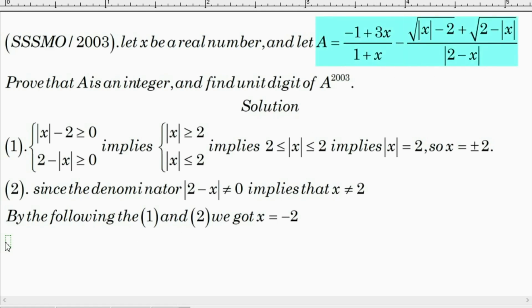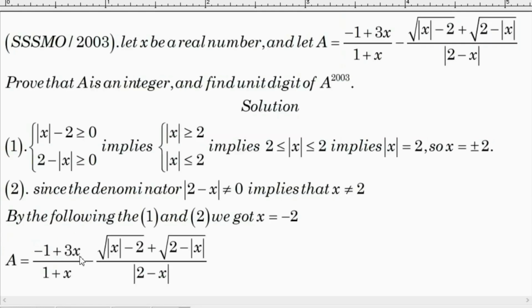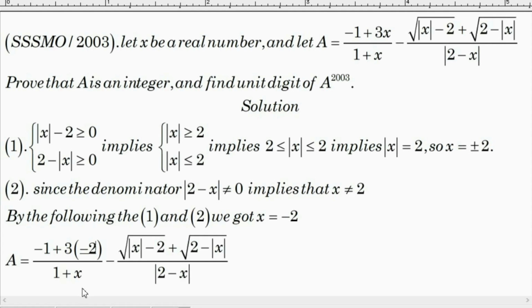So the expression a, we substitute the value of x equal to minus 2 into this fraction. So that will be minus 2, and here is also minus 2, and here is also minus 2, minus 2. Minus and minus sign will be plus, so that will be plus 2.